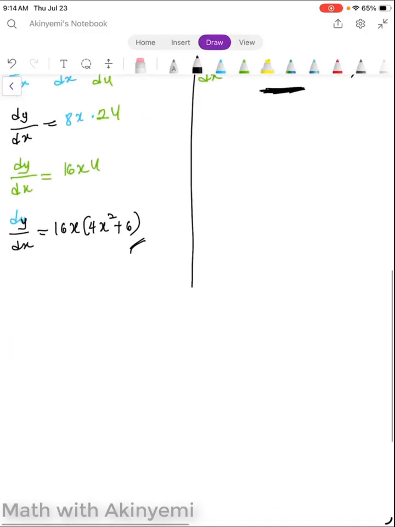And then the third one, we do the exponential function.